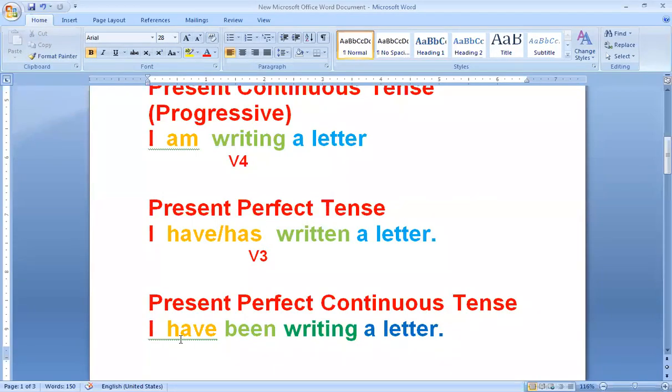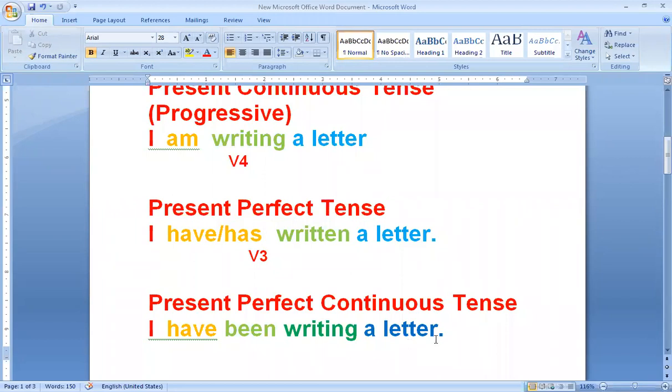As I have told you earlier, have will always come with I. Have will always come with the plural subject, and has is with singular subjects: he, she, it. Then the been, then the ing form of the verb, writing, and then the object, a letter. I have been writing a letter.